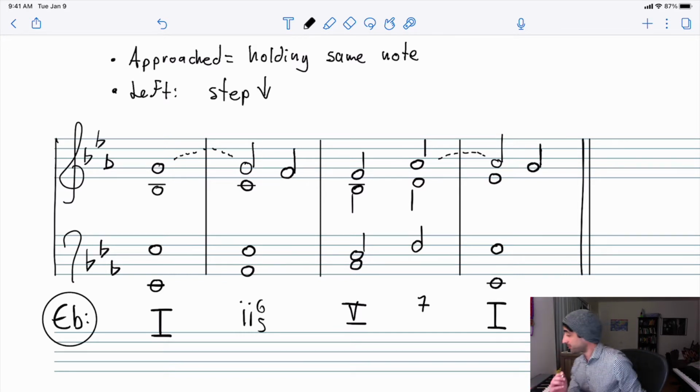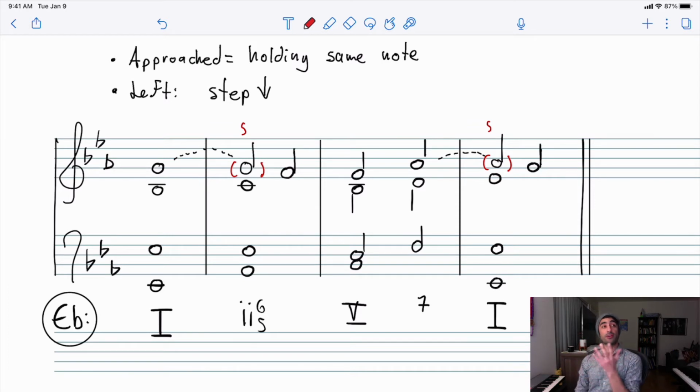Going down. When we are labeling suspensions, we do this. Well, first we do the same thing that we do: we put a parenthesis and say that this is a suspension.